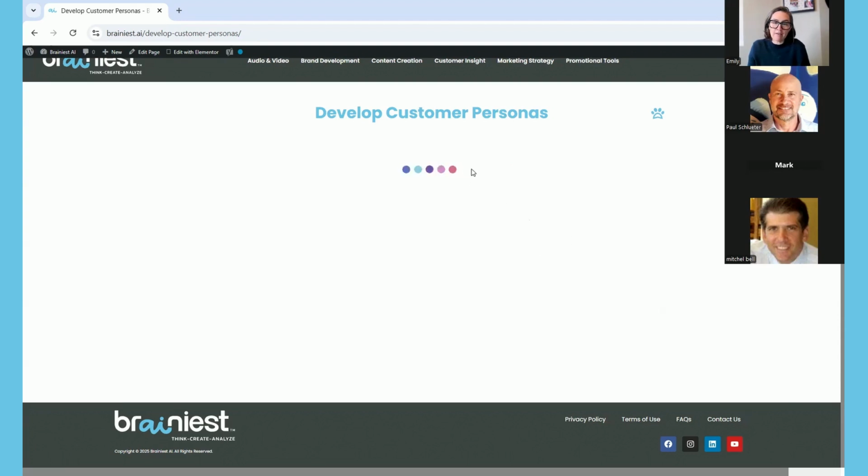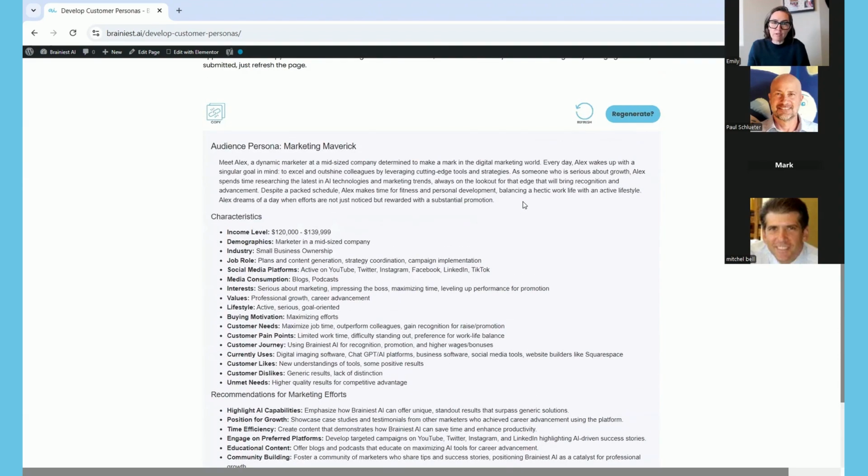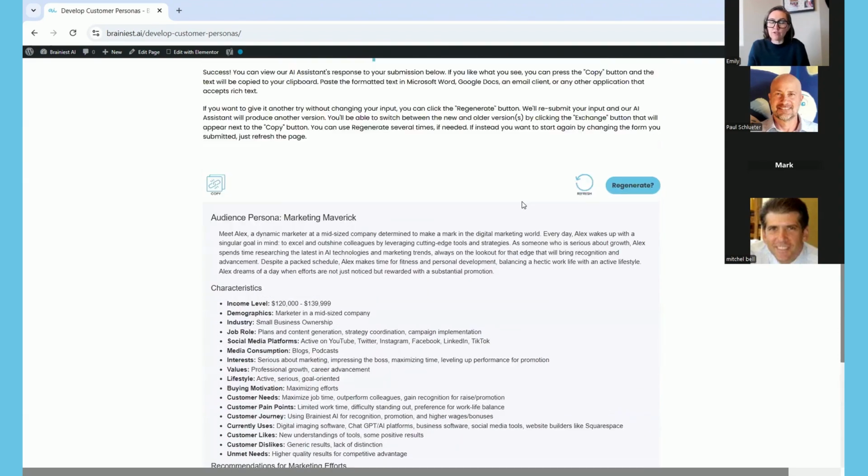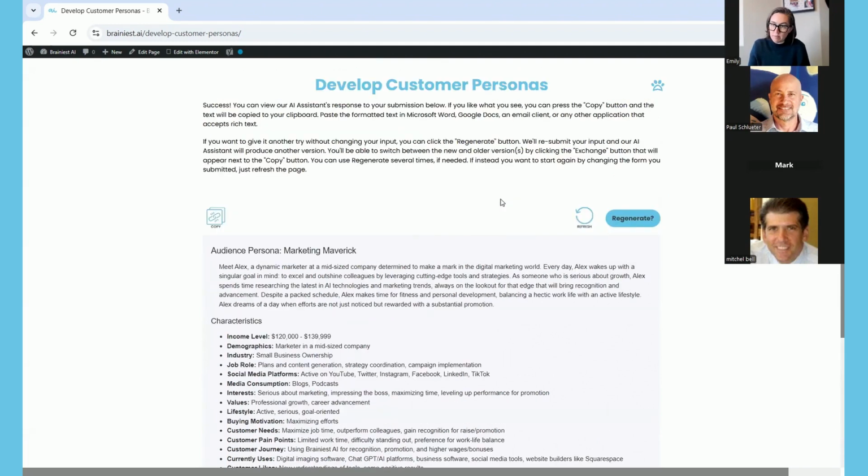The one thing I have noticed when I do multiple customer personas on here is, for some reason, probably because it is gender neutral, this might change if I cared more about gender, the name Alex is used all the time in the result, and I think probably because it's more gender neutral. So sometimes if I'm creating multiple personas, I will have to do a search and replace to change the name to separate those out.